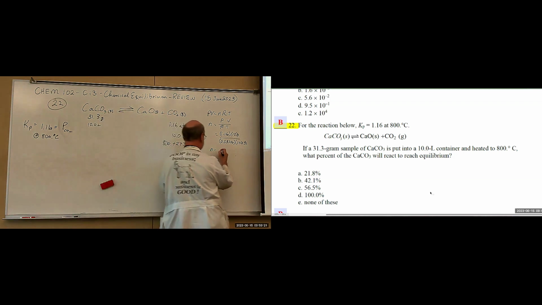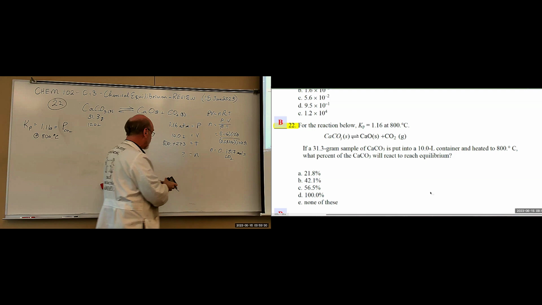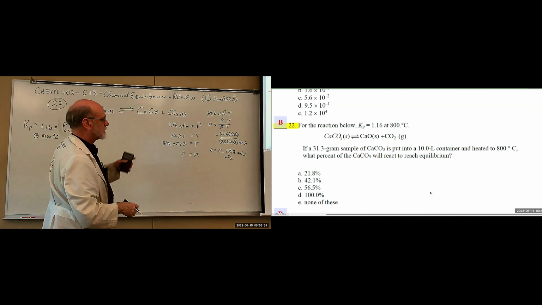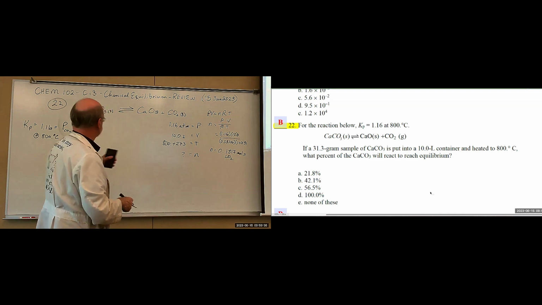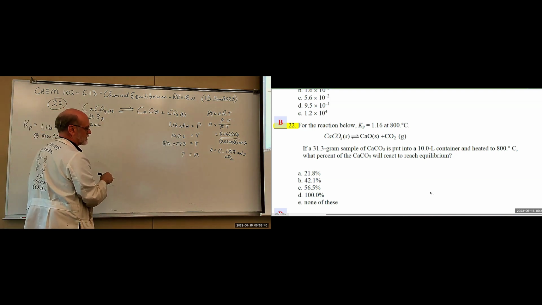And that means we have 0.1317 moles of CO2. Okay, so how much calcium carbonate? What percent of calcium carbonate will react? How much of that did we actually use?